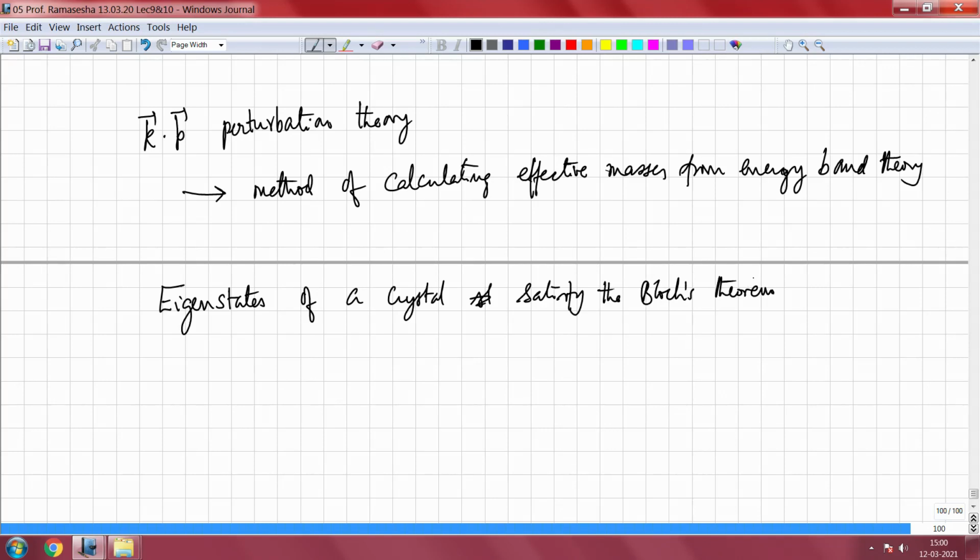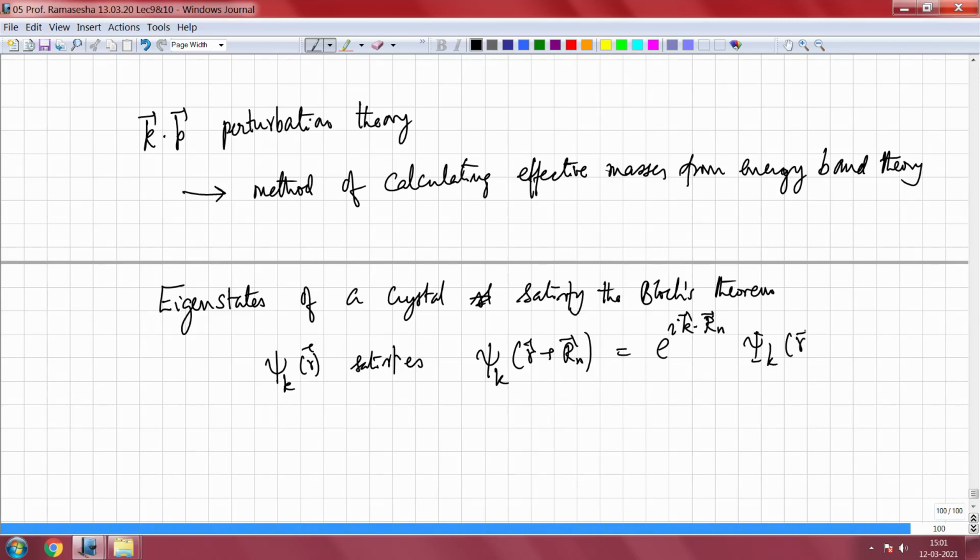That means psi k of r satisfies psi k of r plus R n is equal to e to the power i k dot R n psi k of r, where R n is a direct lattice translation vector.